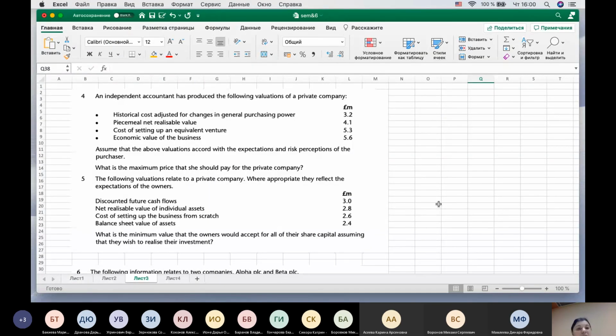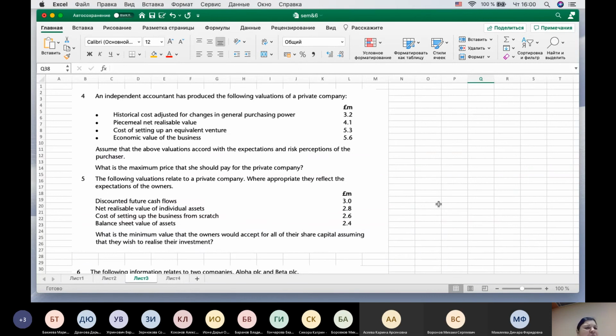An independent accountant has produced the following valuations of a private company. We have historical cost, piecemeal net realizable value, cost of setting up an equivalent venture, economic value of the business. And we have to find the maximum price that she should pay for the private company.